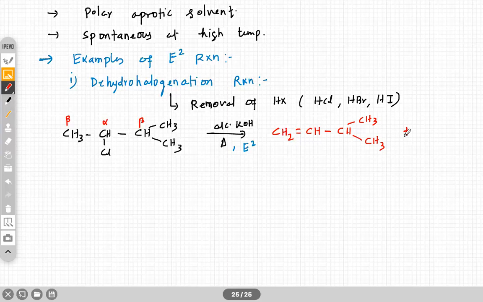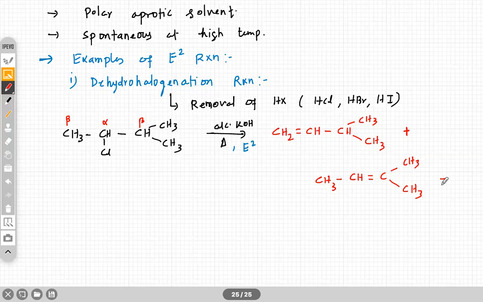Plus the other product would be, when H plus comes out from this, CH3 CH double bond C, CH3 and CH3. Okay. Plus we'll get some more products in this one. K plus takes Cl minus and forms KCl. OH minus takes H plus and forms H2O. This is the whole reaction.